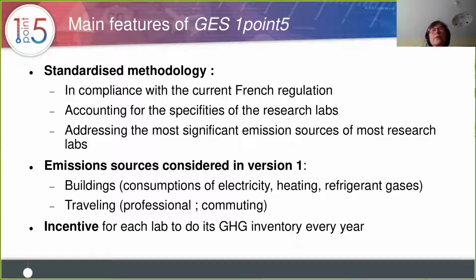So in the first version that we made public late in October last year, the emission sources that are considered include the ones linked to the buildings where the laboratories are, and particularly the consumption of electricity, heating, and refrigerant gases.